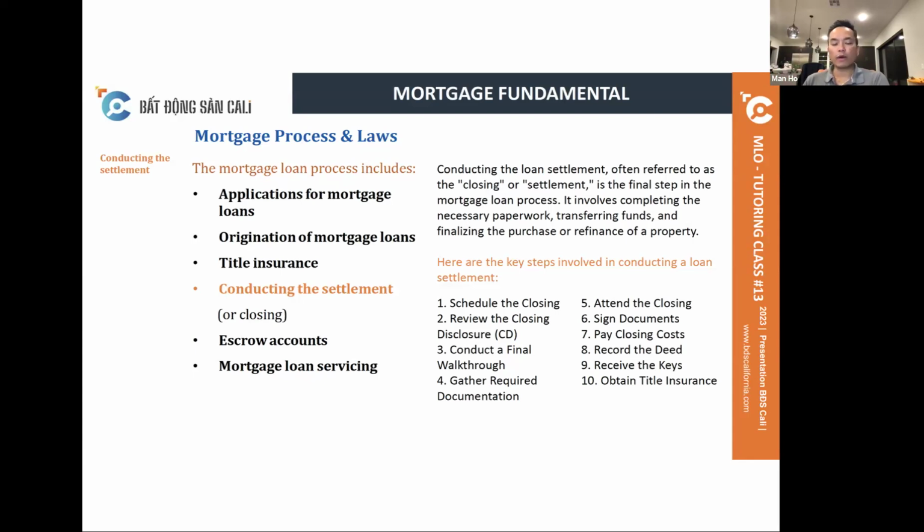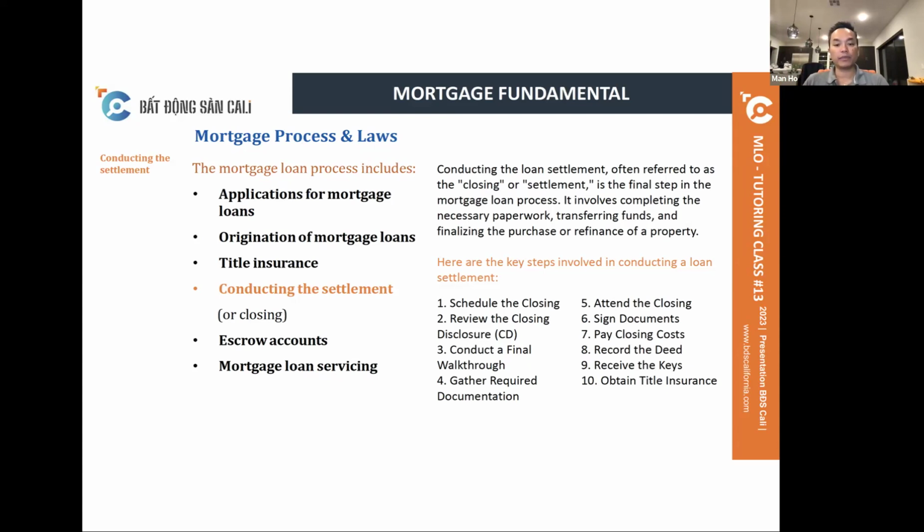Back to number 3. Why do we have to do a final walkthrough? The final walkthrough ensures that the buyer goes out and sees that there is no additional damage since the last time the buyer visited the property. There may be some argument in the family and they fight, they throw things, they crash the window, or break whatever they break, right?